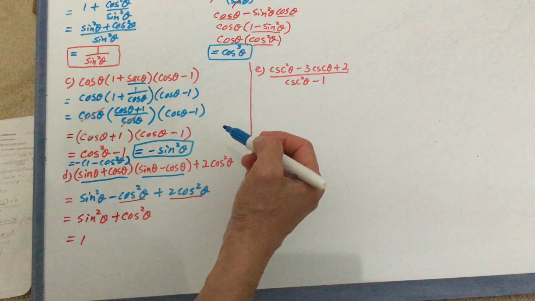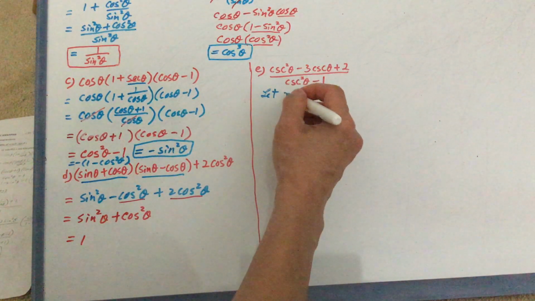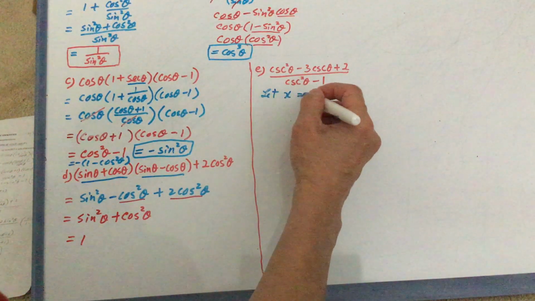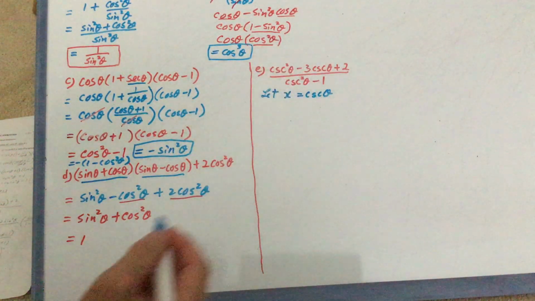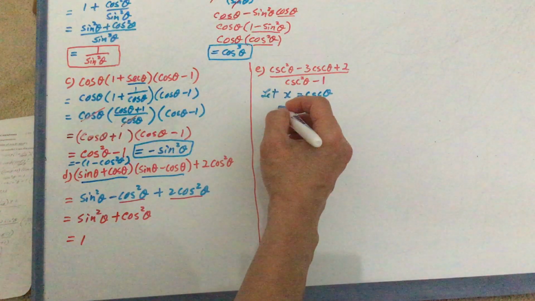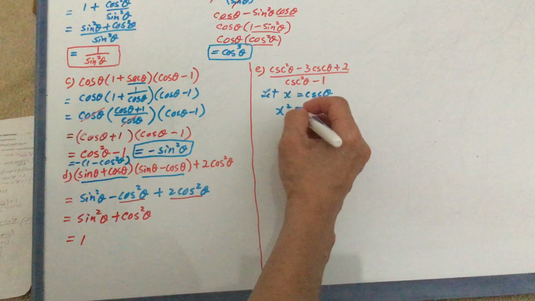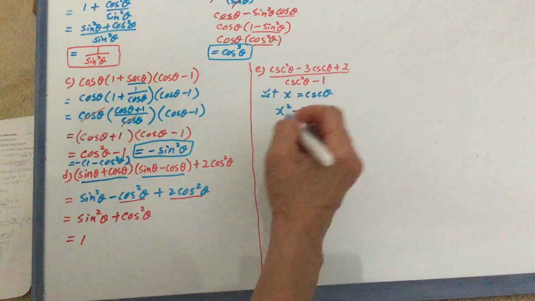simple trinomial. Okay, if you let x be the cosecant theta, then you can rewrite the top here as x squared minus 3x plus 2.